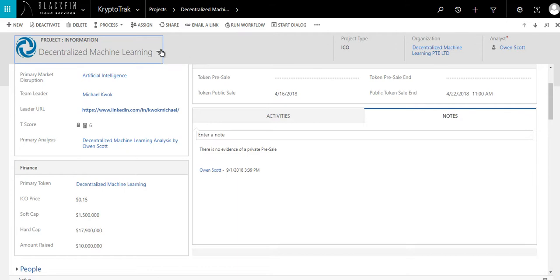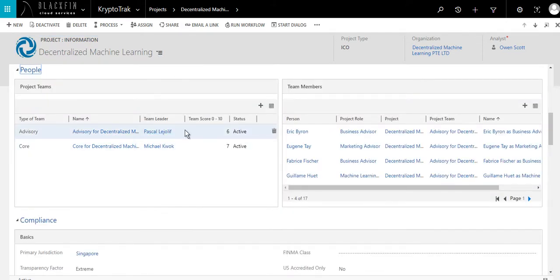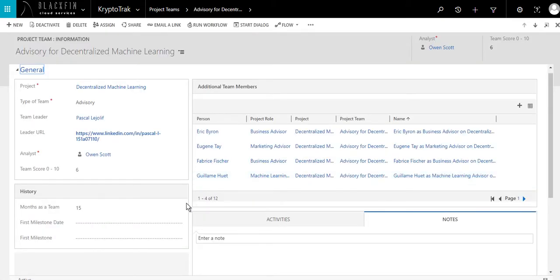another team. We'll look at the advisory team. For the advisory team, we've got business advisors, and we can take a look at this. They have a sort of large team in terms of advisory.